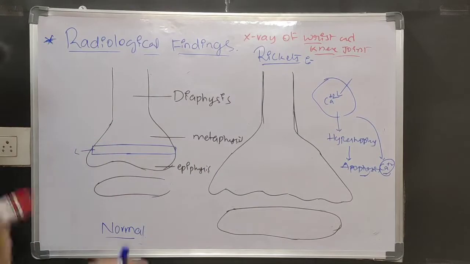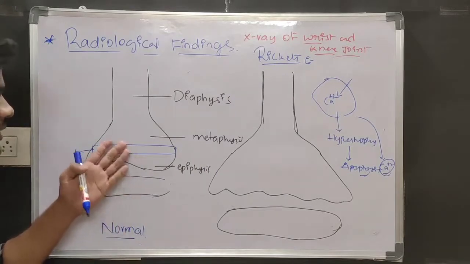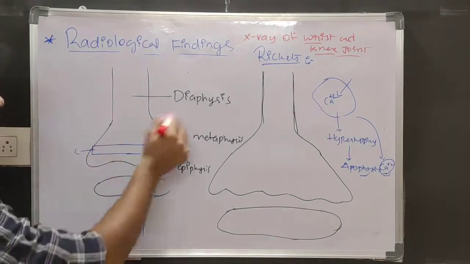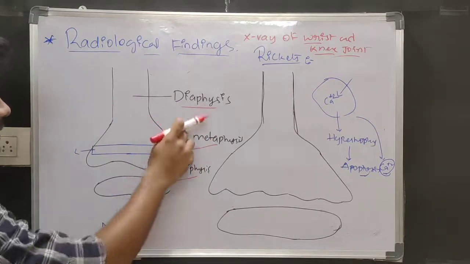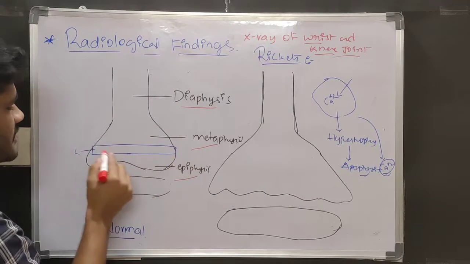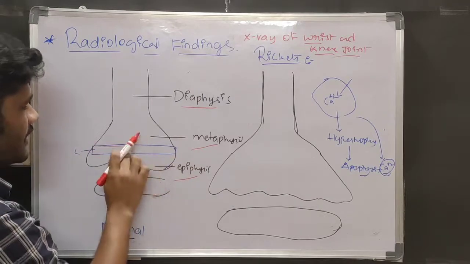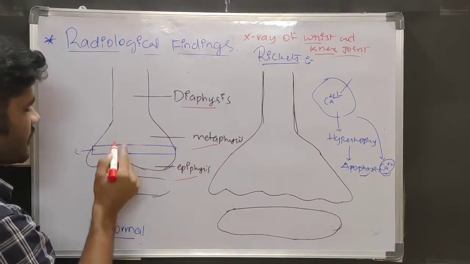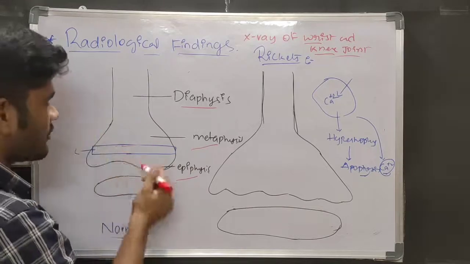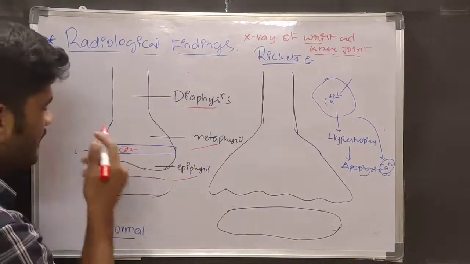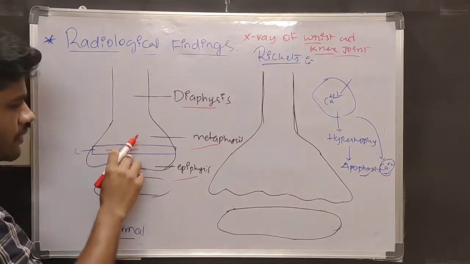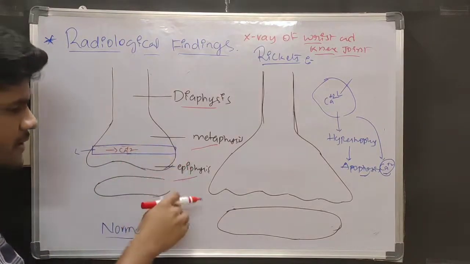Generally, the bone of a normal person will look like this, and this is the diaphysis, metaphysis, and the epiphysis. In between the metaphysis and diaphysis, there is a growth plate, and here the chondrocytes undergo hypertrophy and release the calcium, causing mineralization of the bone.